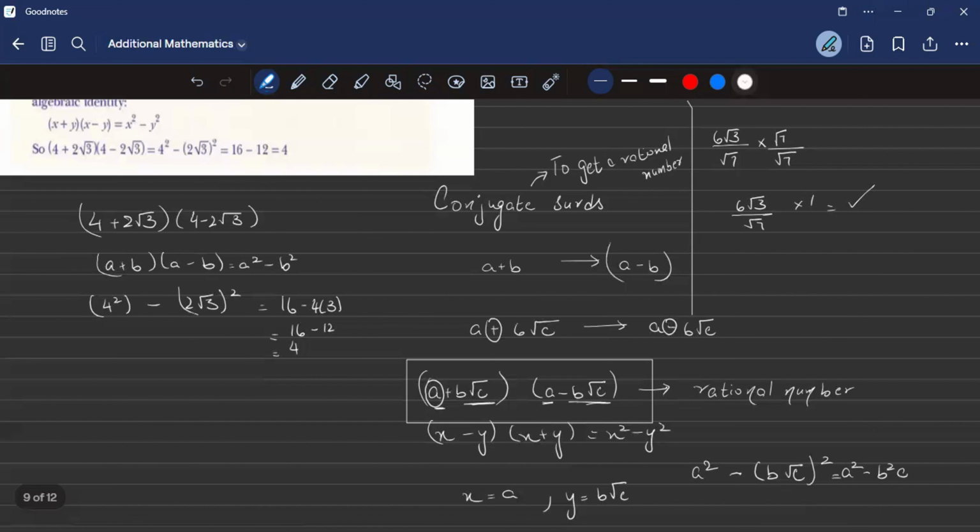What's under root 7 divided by under root 7? It's equal to 1. So basically, we are multiplying it by 1, but in a value that would be helpful to us. We multiply the under roots by each other, so that we would get 6 under root 3 times 7, divided by 7. Now we have a rational value in the denominator, and we have changed the upper value to 6 under root 21. We have changed the upper value so that it could help us find the answer easily.